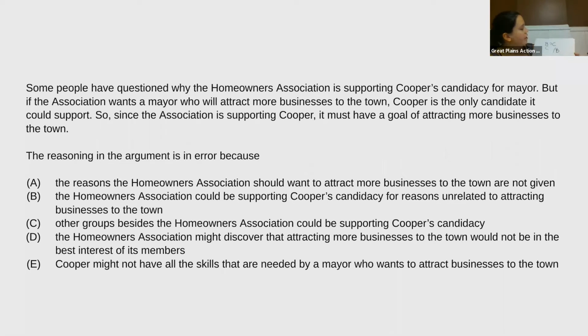So we have, if B then C, C, therefore B. And if we know our formal fallacies, we know that this is an instance of the argument form: if P then Q, Q, therefore P. And that is called affirming the consequent.